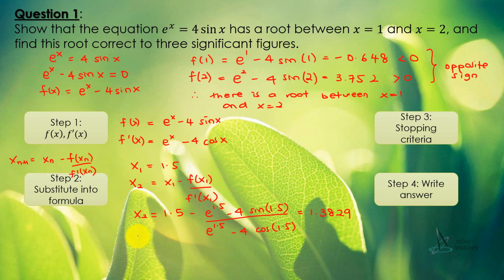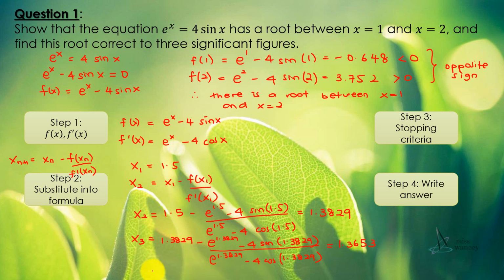So let us do the same thing for x3. So this is 1.3829 - (e^1.3829 - 4 sin 1.3829) over (e^1.3829 - 4 cos 1.3829). So this is 1.3653.